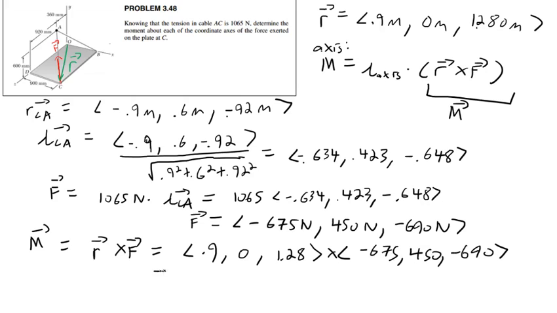And again, I'm just going to let my calculator chug on this for brevity. Here, 0.9, comma 0, comma 1.28. Huh? You can't use RCA in this?